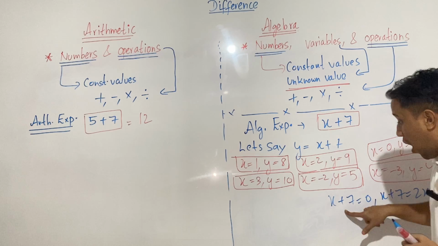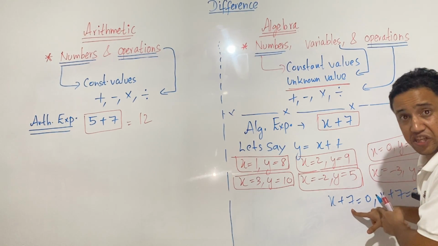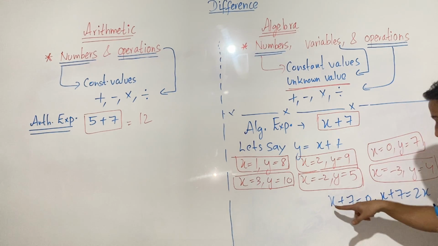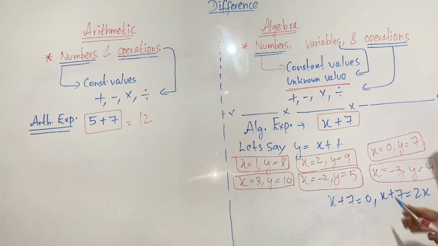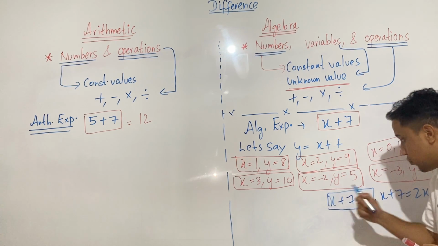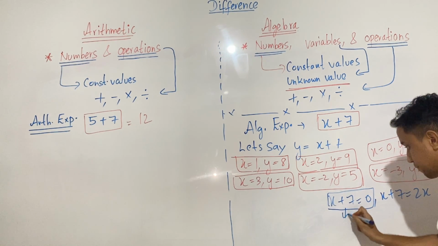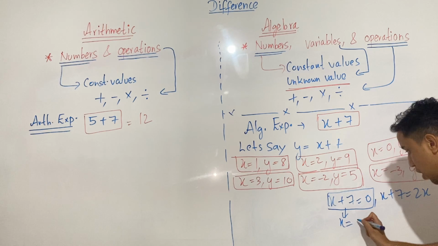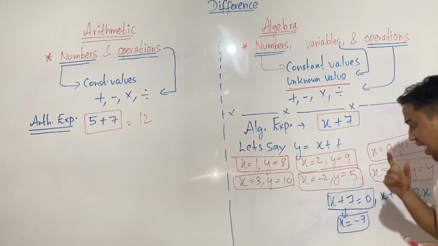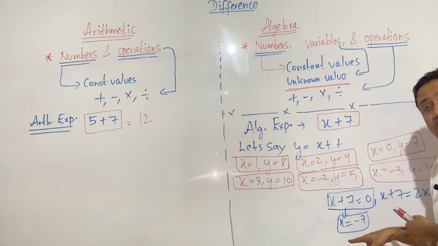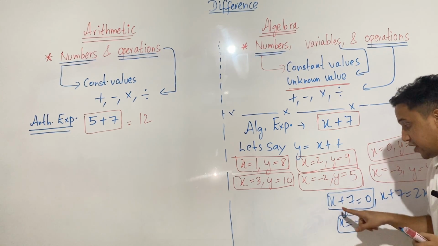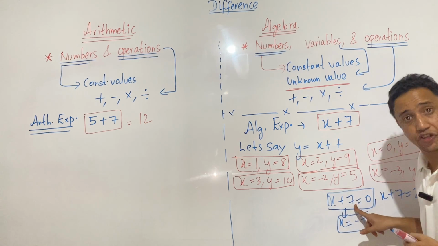Yes, these are particular instances of the expressions. For example, this equation says x plus 7 is equal to 0. If I solve it further, x will be equal to minus 7. It means that the value of x is going to be the solution of this equation.